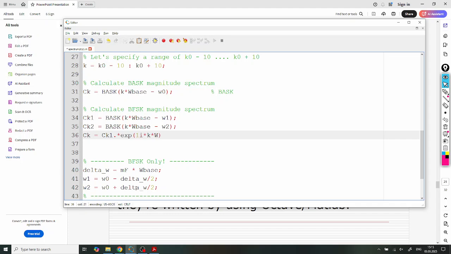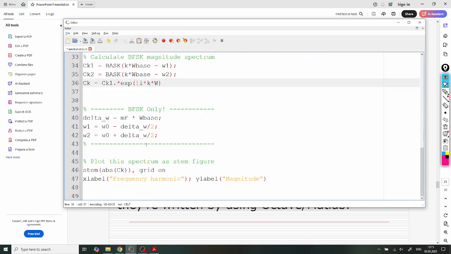Oh, wait, how was it? Yes, it was without underscore, omega base, multiplied by t symbol divided by 2, plus the same stuff for ck2, but with a minus argument, minus this thing, yes? And this is ck2.